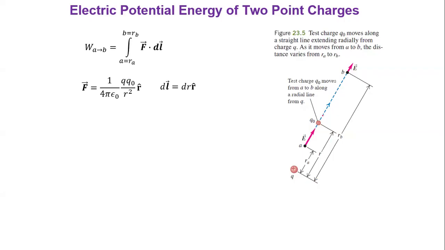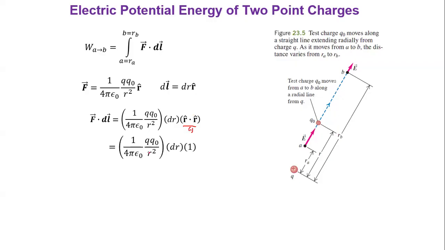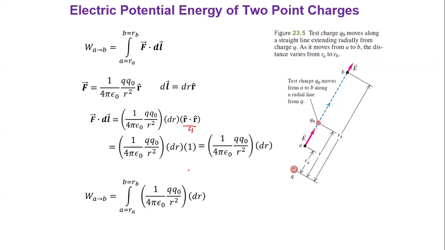The force is in the direction of r hat also. So in F dot dl, the dot product of r hat with r hat is just 1 times 1 times cosine 0, which is 1. Okay, so we integrate this from A to B.